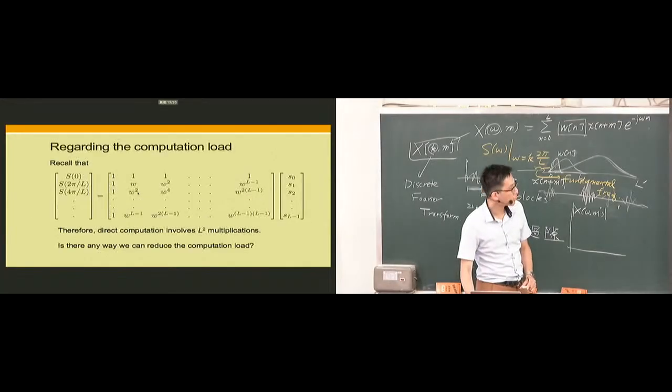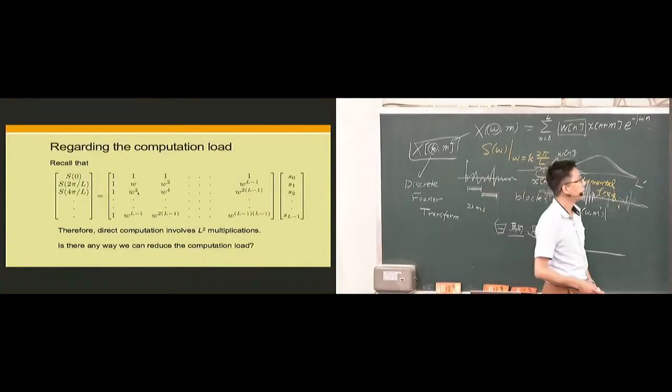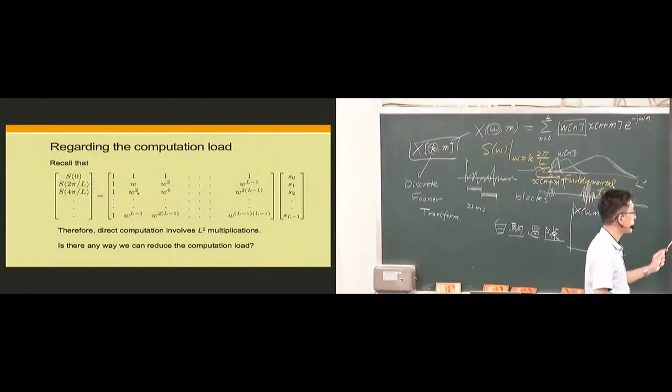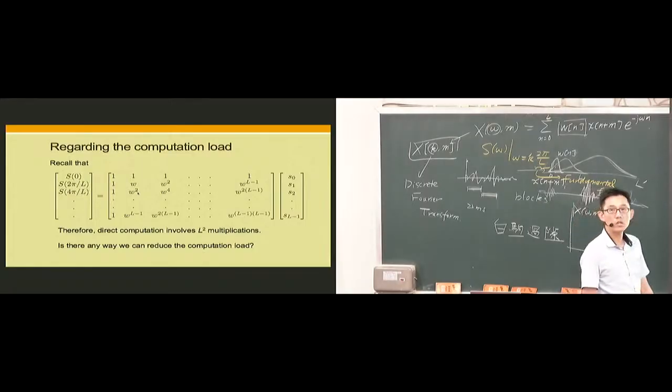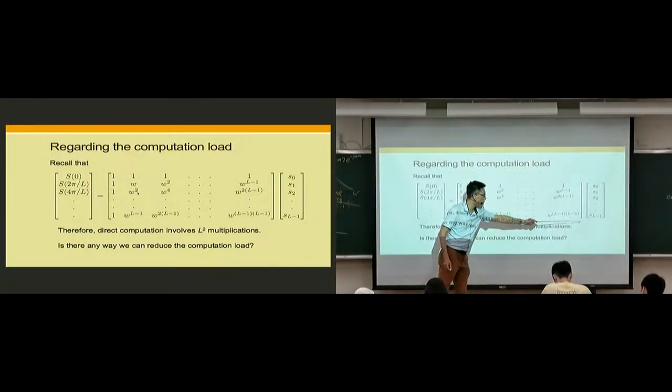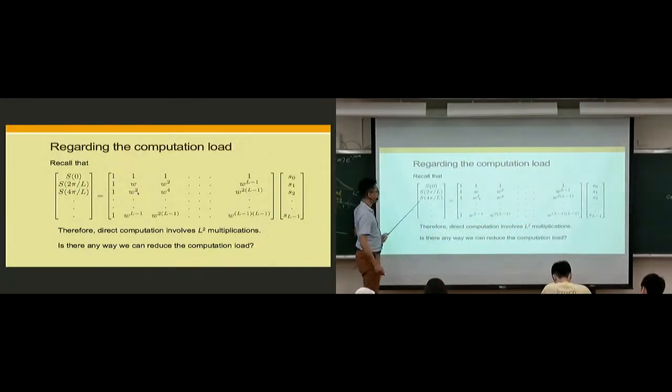So let's take a little bit of a look at the computation load. Recall that now we have a matrix representation for DFT, L by L. The question is, how many multiplications do we need to accomplish one processing of one block? You want to just go from time to frequency domain, L points in time, L points in frequency. Can we agree that this involves L square multiplications?